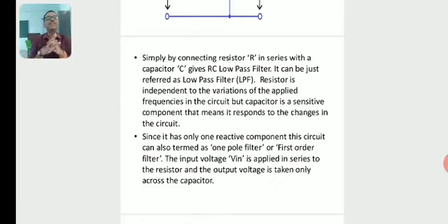The input voltage VIN is applied in series to the resistor, and the output voltage is taken only across the capacitor. So that is the circuit diagram for the low pass filter.